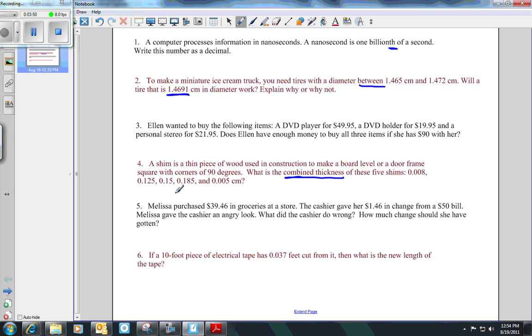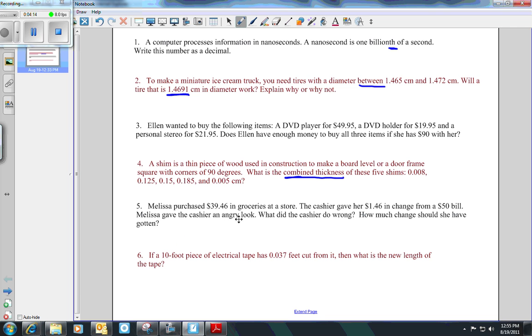On number 5, Melissa purchased $39.46 in groceries at a store. The cashier gave her $1.46 in change from a $50 bill. Melissa gave the cashier an angry look. What did the cashier do wrong, and how much change should she have gotten?